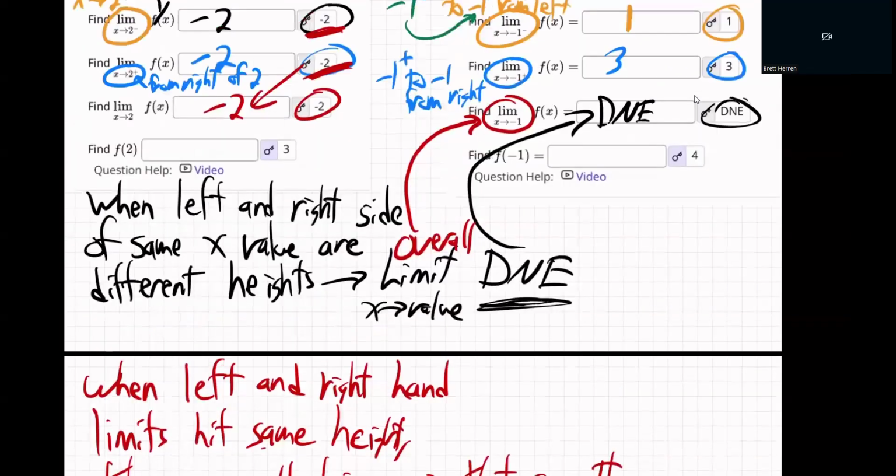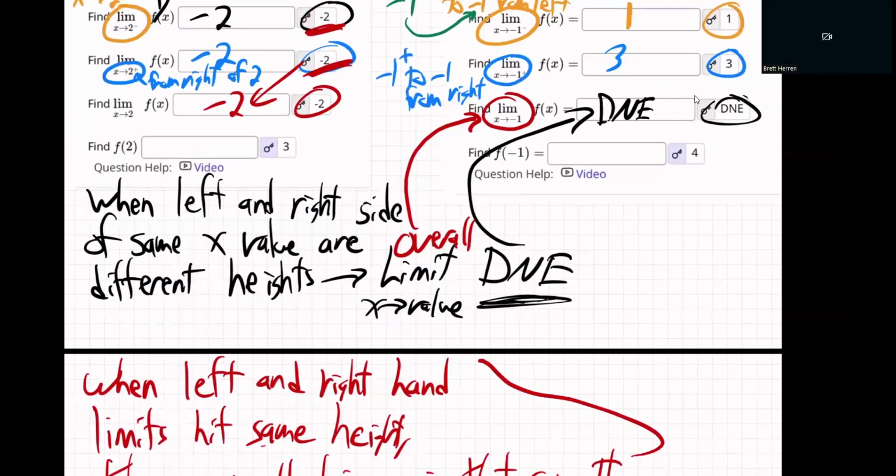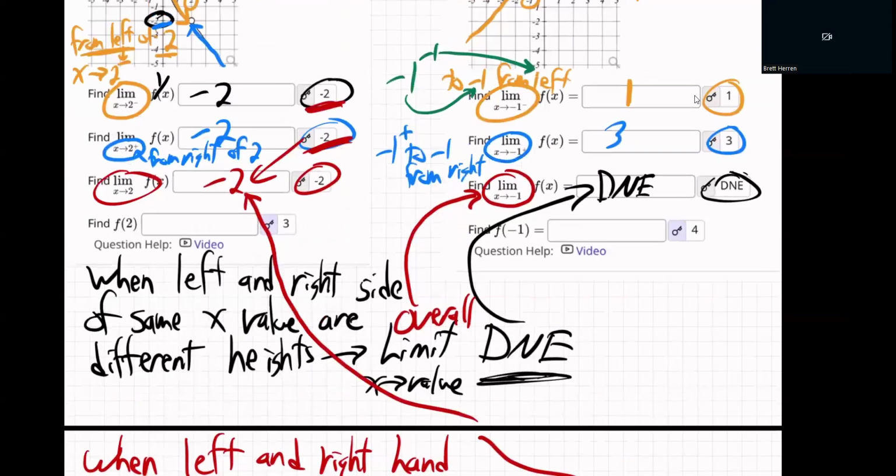And that's what happened there. You see the difference, right?